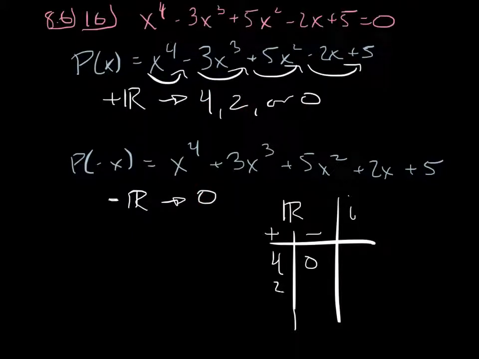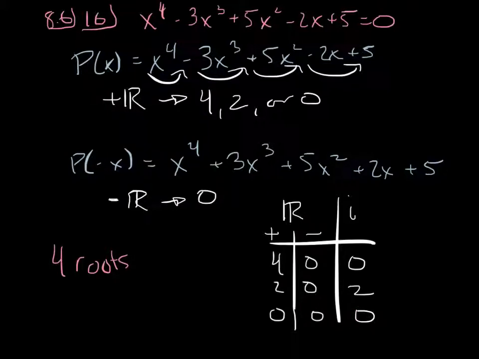Since my degree is 4, I need 4 roots. So I've got 4 here, 0 here, so that gives me 0 there. 2 here, 0 here, so I need 2 there. And if I've got 0, 0, I need 4 there.